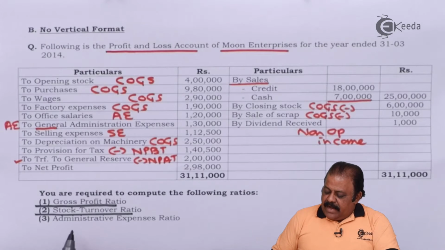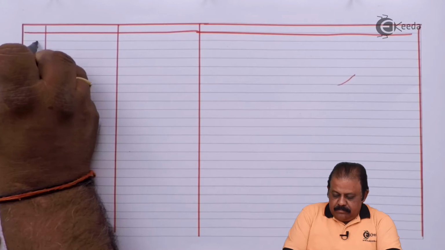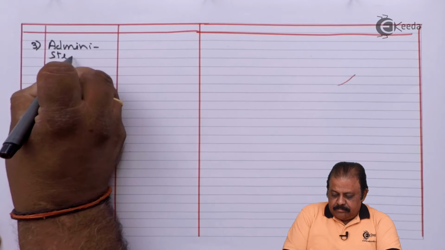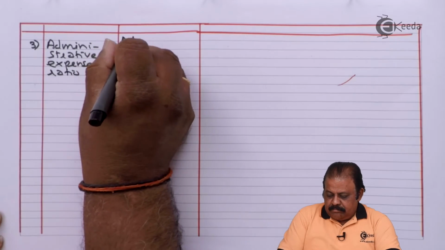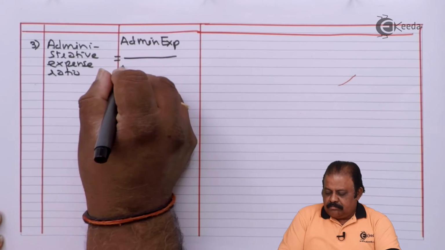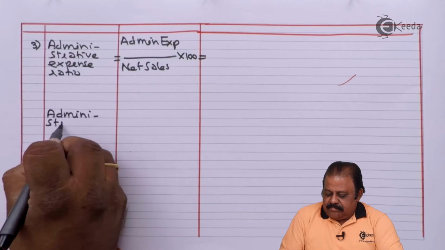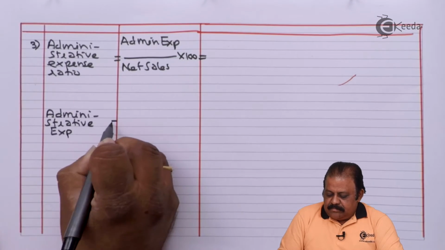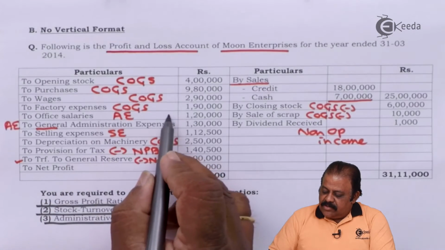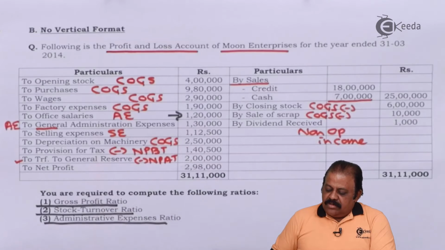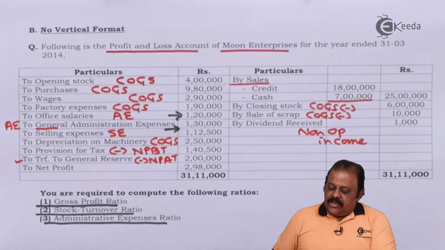Next we have administrative expense ratio. Here we have administrative expenses, office salaries 1,20,000, general administration expenses 1,30,000.